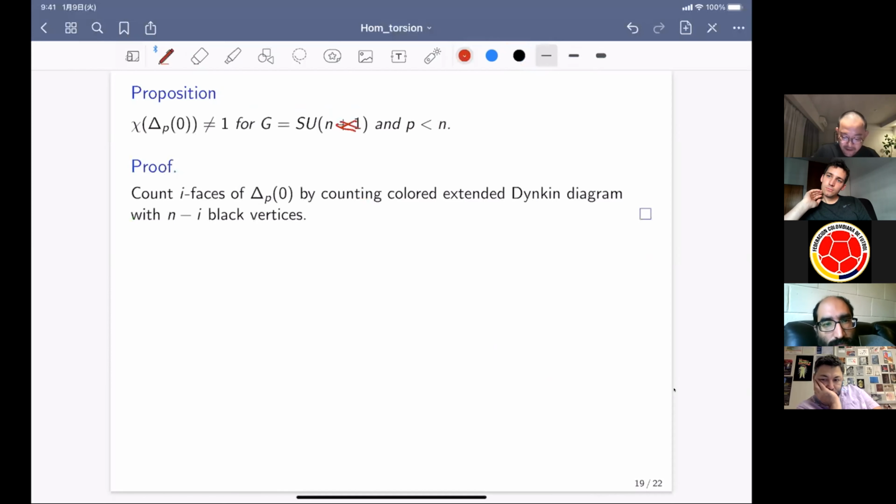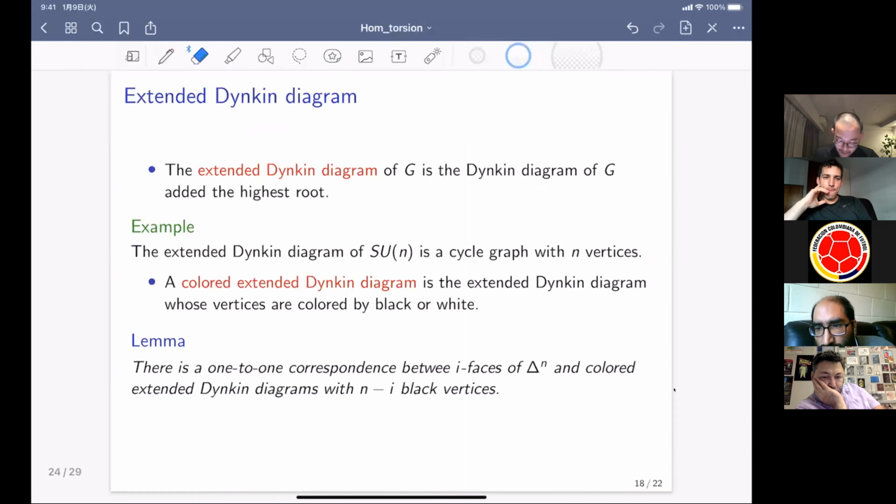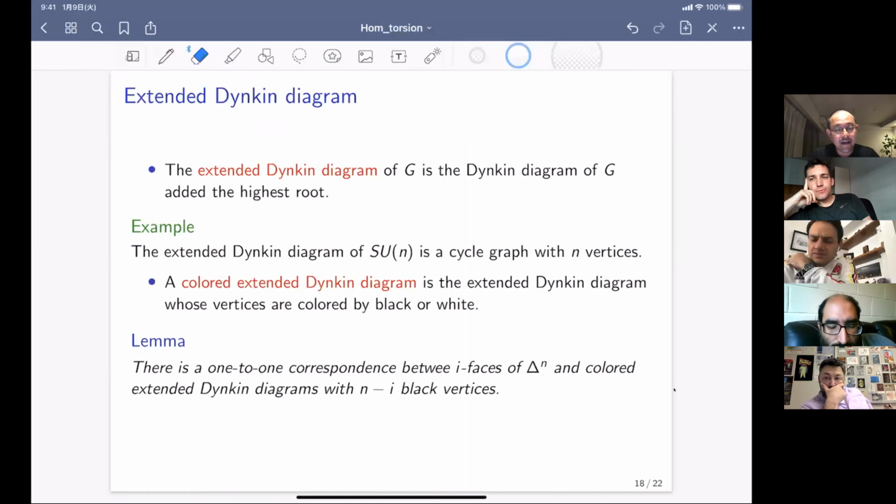Still made a mistake. This is SU(n). I'm sorry, I have a little question. Sorry that I keep asking. Is there any way that you're going to color the extended Dynkin diagram, or are you going to look at all possible colorings? Yeah, I have all possible colorings for faces of delta n, but if you restrict to delta pk, not every colored Dynkin diagram corresponds to its face.